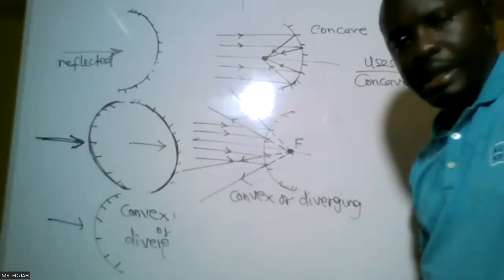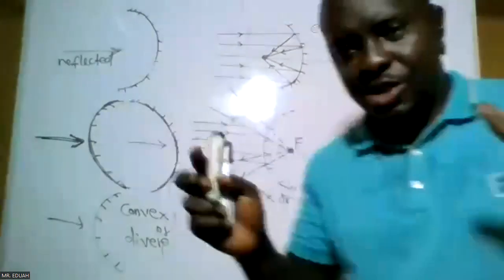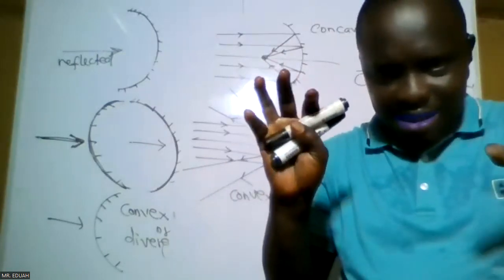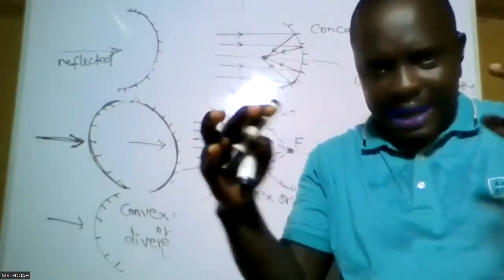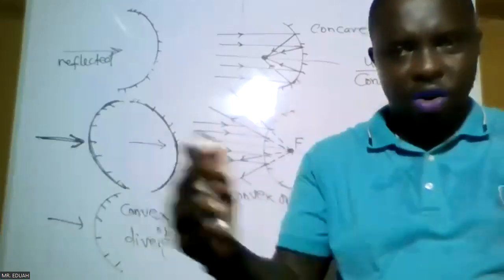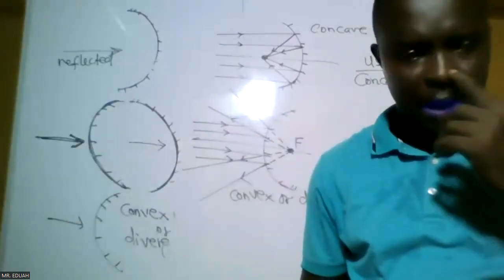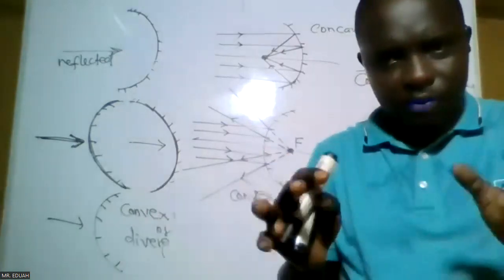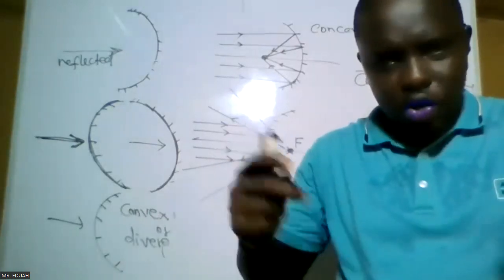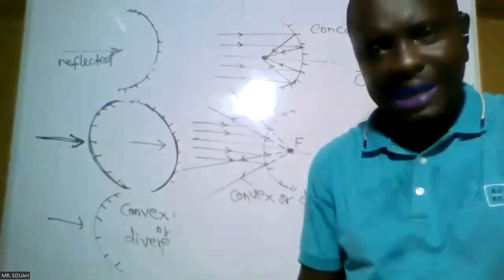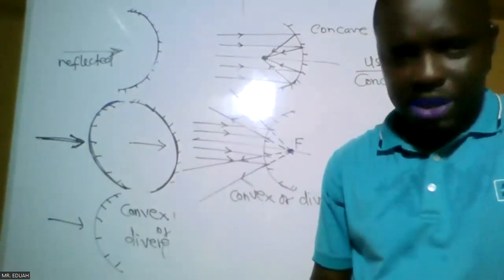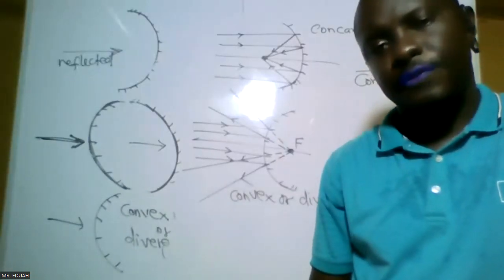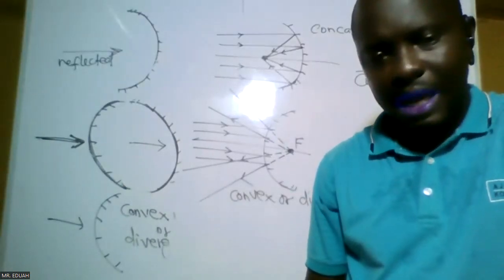Exactly. It is used in headlights of cars. Look at the headlights. You have concave or converging mirrors in there, which also do the same work as a torchlight. So it is also used in headlights of cars. Any more?